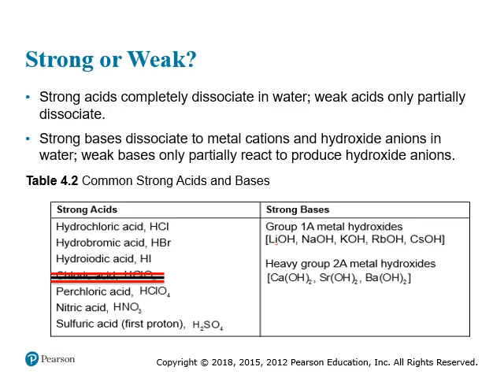Now, on your table, you will see underneath where I've marked out the term chloric acid. Chloric acid has the formula of HClO3. And I have eliminated chloric acid from this list for this very reason. Chloric acid does not completely dissociate in water.